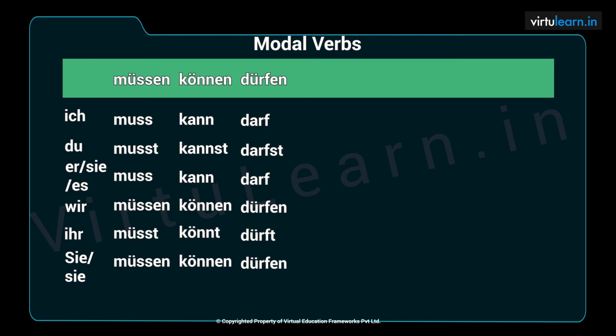The next two verbs, sollen and wollen, do not have umlauts. Ich soll. Du sollst.